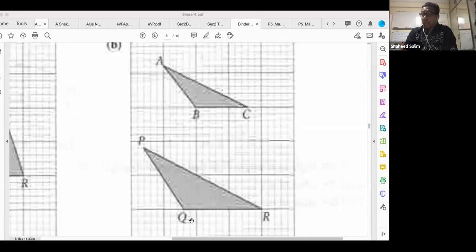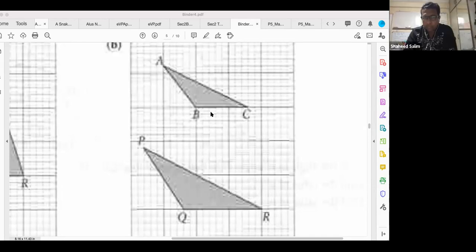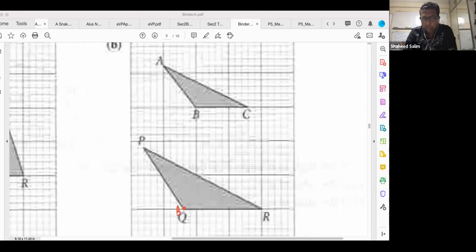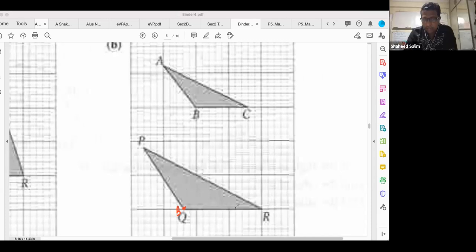Okay, my suggestion, you cannot use a ruler. You move this triangle here. Superimpose. You know what superimpose is? To put it on top. So this B now, we move 1, 2, 3, and then 1, 2. So now B is going to be here. So you count now, B has 1, 2, 3, 4, 5, 6, 7, 8 down here.